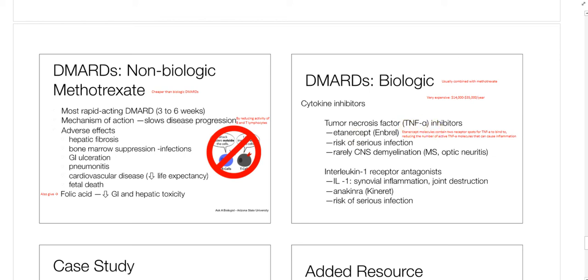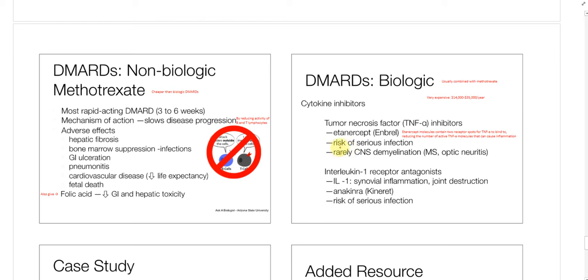And kind of interesting, the molecules of etanercept contain 2 receptor spots that TNF alpha is attracted to. So when patients take etanercept, for every etanercept molecule, 2 TNF alpha molecules are attracted to it and bound to it, and they can't go about acting on other tissues to potentiate that inflammatory reaction.